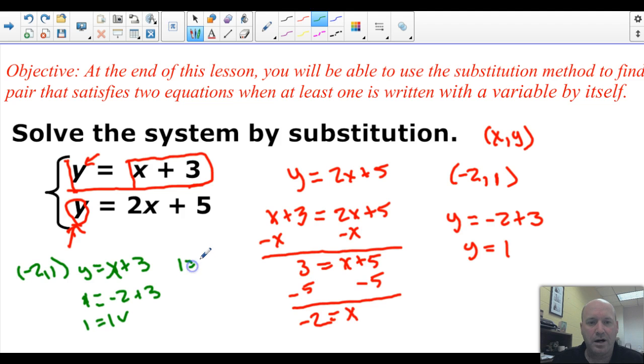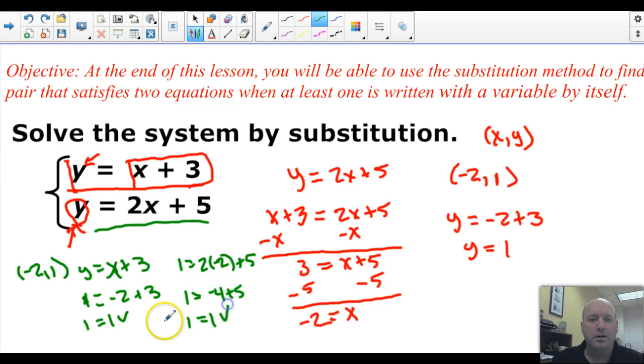So 1 for y, -2 for x, we're substituting in here to make sure we get a true statement: 1 equals 2 times -2 plus 5, which is -4 plus 5, and 1 equals 1. Good. The ordered pair (-2, 1) satisfies both of these equations, therefore (-2, 1) is the solution to this system, okay?